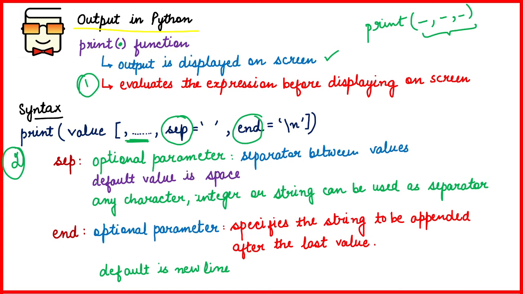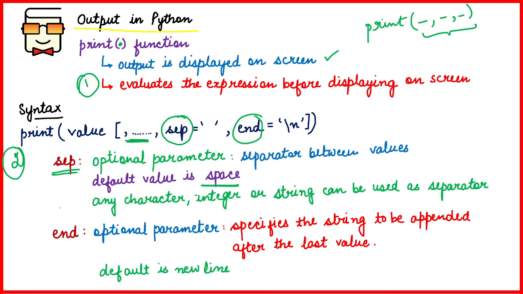By default the value of this SEP parameter is space. That means when you specify multiple values to be printed in the print statement, those values will by default be separated by a space between them.